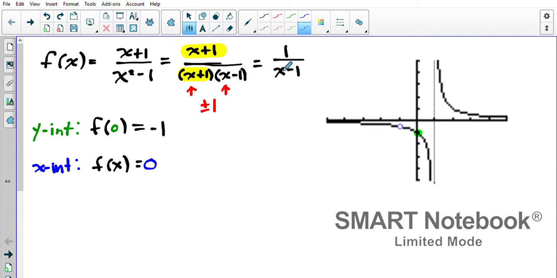Now, the easiest version to look at here is this last one, because that gives the argument, well, that would imply 1 equals 0, and what? That's not true. So that implies no x-intercept.